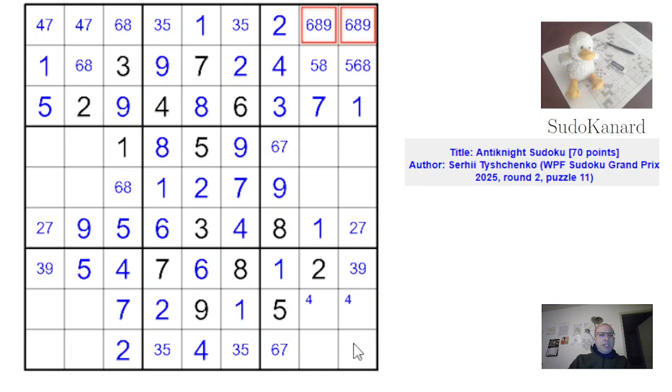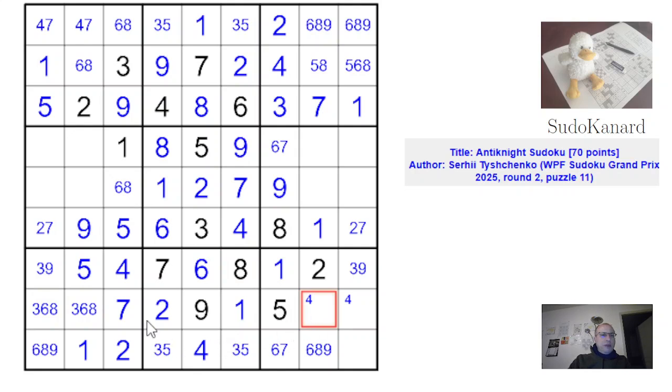This row still needs 3, 4, 6, 8. So those are from 3, 6, 8. There's a, oh, that's the 1. There's the 1. 3, 6, 8, 9, 3 here. So this is from 6, 8, 9, 6, 7, 8, 9, 7 here. 3, 6, 3, 4, 6, 8, there's an 8 here.